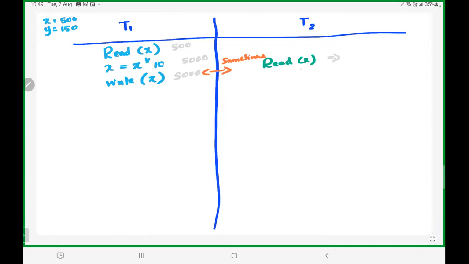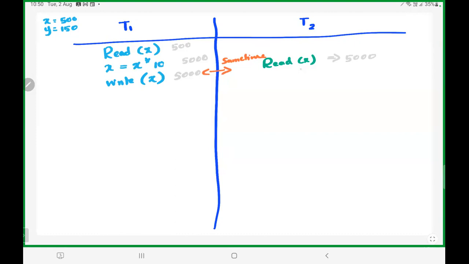The first one is writing the value of X as 5000, and at the same time the second one reads it. What will the value be? Yes, if they read at the same time, it will be 5,000.